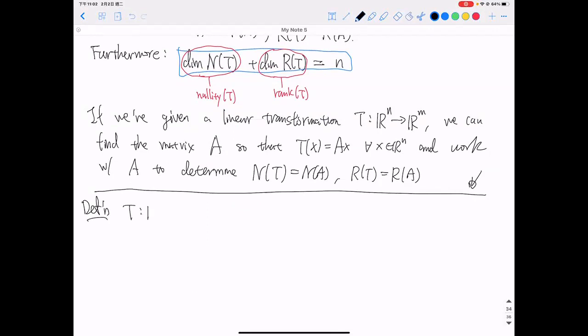Say a linear transformation T from R2 to R2 is called orthogonal if T of V has length equal to the length of V for every V in R2.